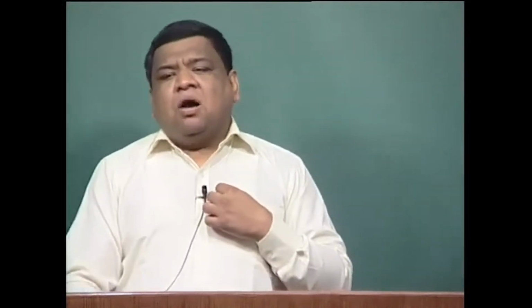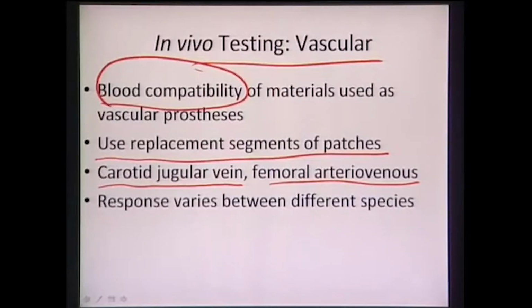Blood compatibility in vivo means, as I categorically mentioned in the last lecture, that there should not be thrombus formation when the material comes in contact with the blood, and even if thrombus is formed, it should be carried away from the material by continuous blood flow. In those two possible scenarios, you can tell the material is blood compatible.